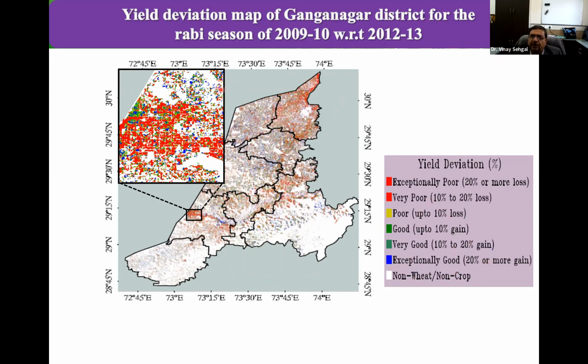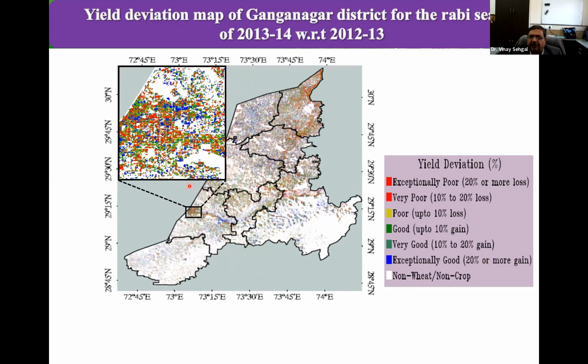So this kind of maps we could generate. For 2009-10, we found that more and more fields were under red. It means exceptionally poor to poor. Whereas in a good year, more fields were under green and blue for the same area.